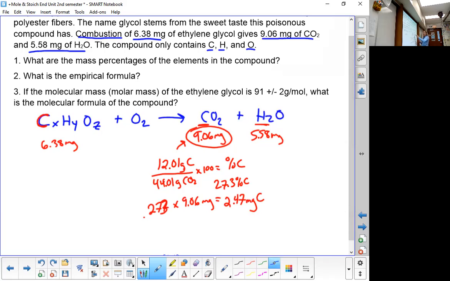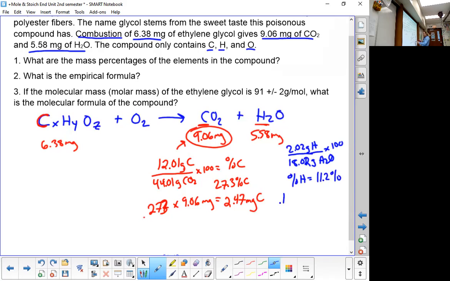For the hydrogen here, the molar mass of water is 18.02 grams, and there'd be 2.02 grams of hydrogen in the water. So we can get the percent hydrogen there, and that is going to be 11.2%.